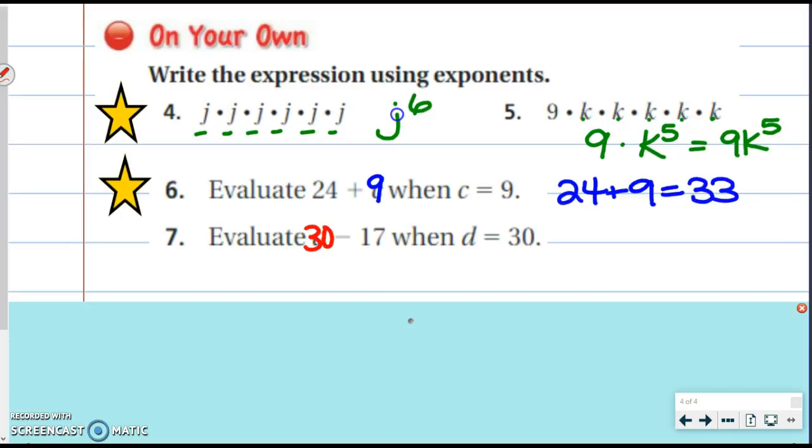So I can just replace the d with 30, and I can do my subtraction, knowing that 30 minus 17 is 13. So as you can see, it's not the math that's necessarily hard. It's remembering your skills about the order of operations and replacing letters, which are variables, with numerical values.